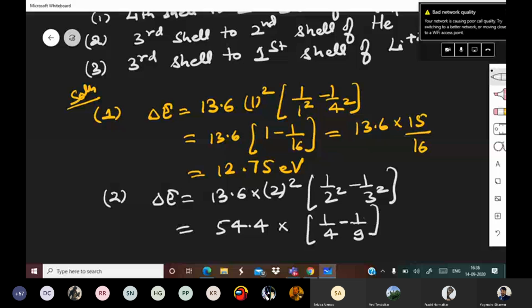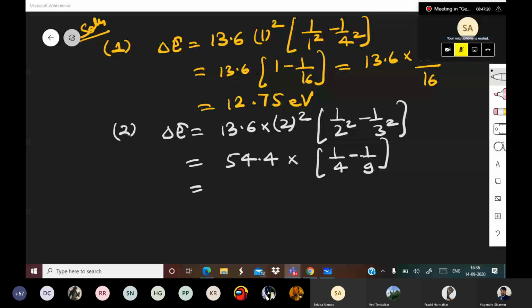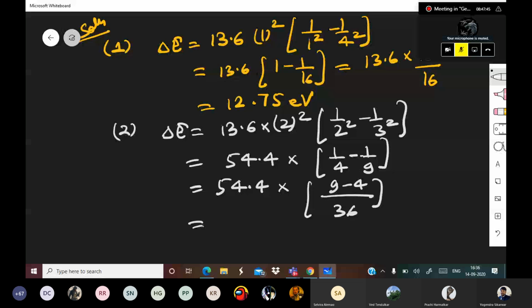So when you solve this further, 54.4 into 5 upon 36.